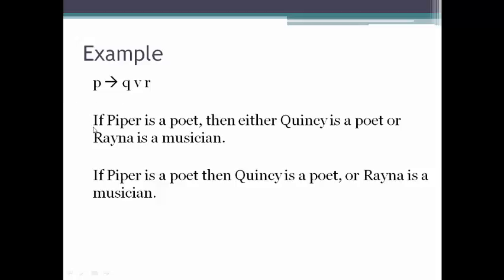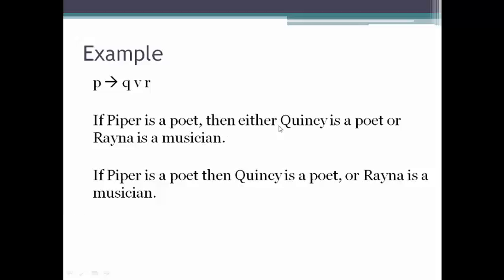First of all, it could mean if Piper is a poet, then either Quincy is a poet or Raina is a musician. This becomes the antecedent, and all of this, the rest of it, becomes the consequent. What we're saying is that if Piper is a poet, then one or the other is the case. But what about this? If Piper is a poet, then Quincy is a poet, or Raina is a musician.